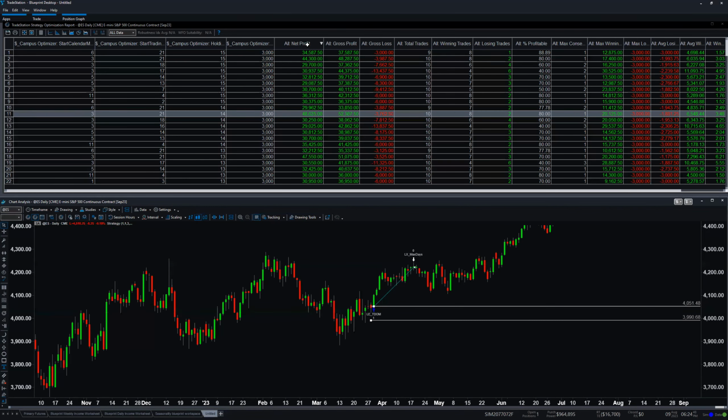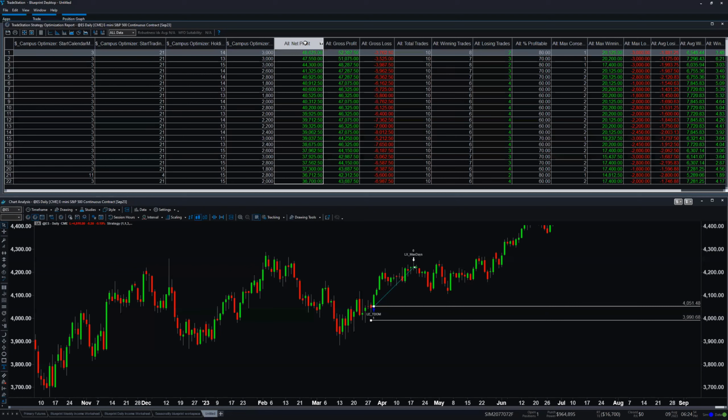How I would go about that is I would sort by net profit. So what is happening now, all these threes here, 21, this is basically the same trade over and over again, but with different holding periods and different stop loss criteria.